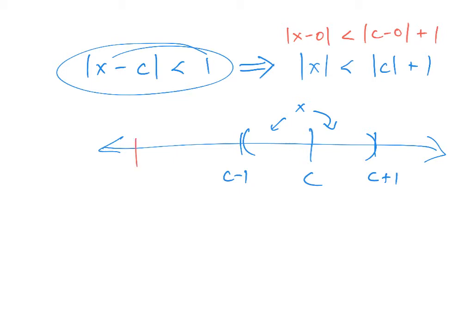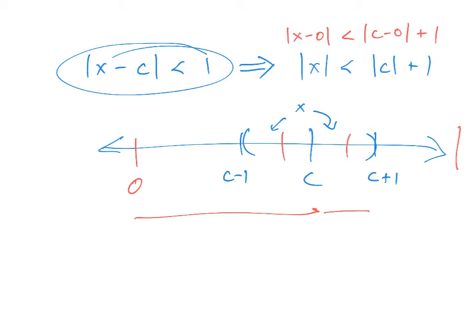Well, 0 is either on the left or the right, or it's in there. But either way, the distance from x to 0 is at most if you go from 0 to c and then you go one more, because once you get to c, x is within one distance of c.